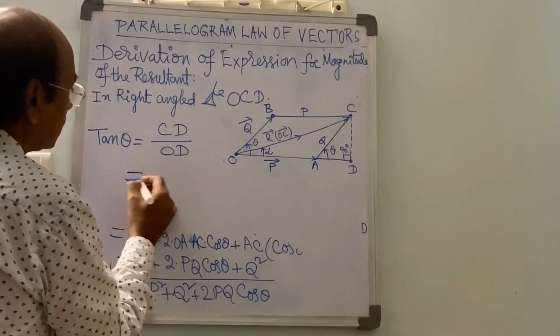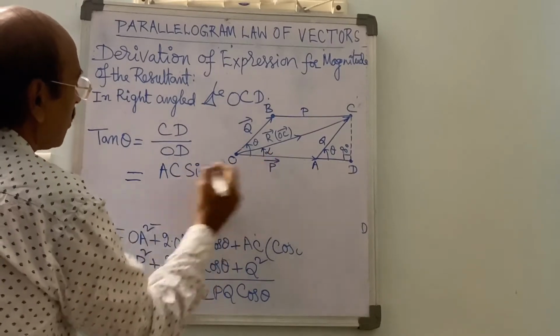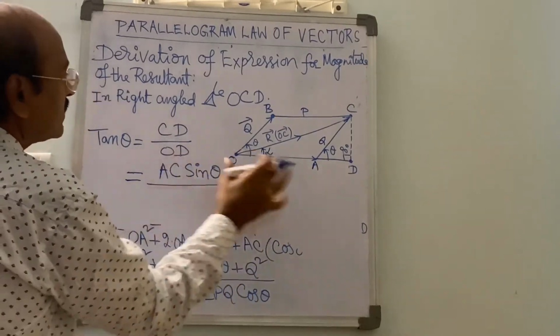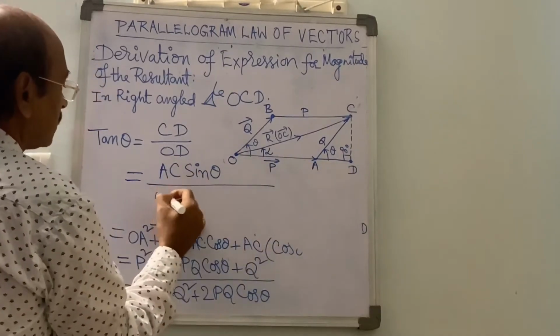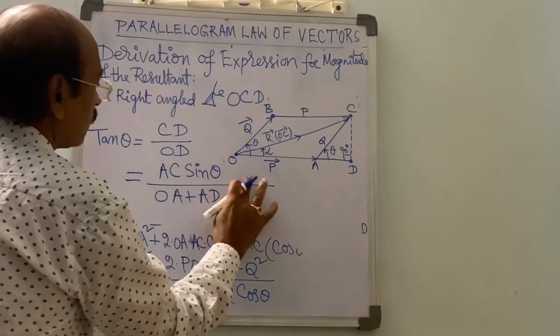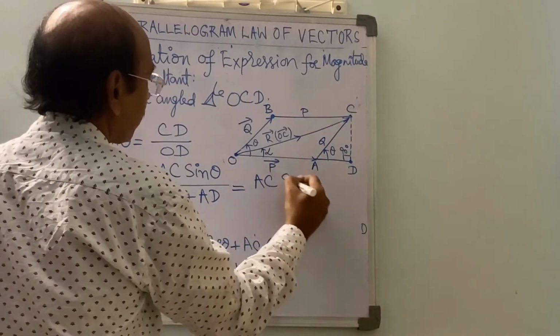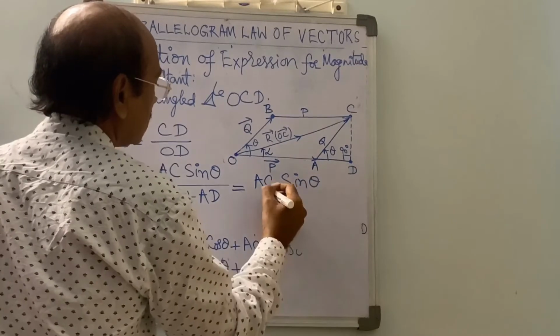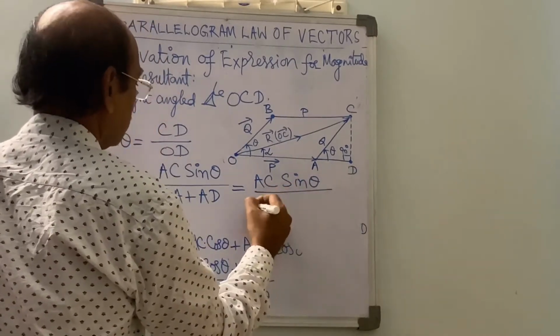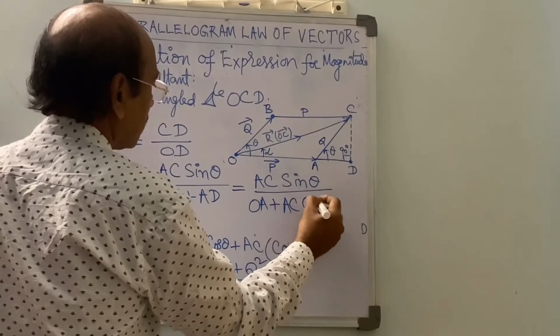CD means AC sin theta by small triangle. OD is OA plus AD. That is equal to AC sin theta by OA plus AC cos theta.